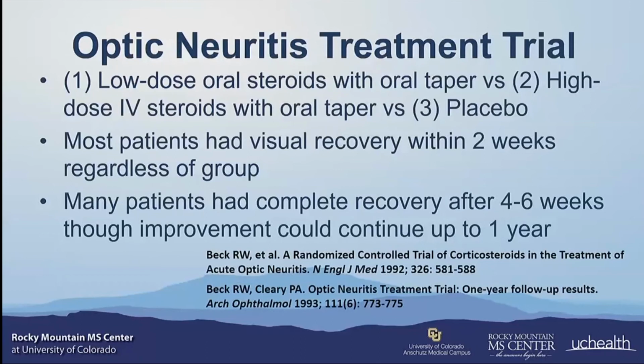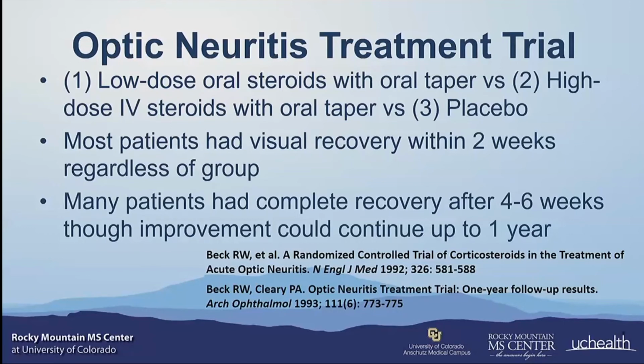The optic neuritis treatment trial was one of our earlier pivotal trials that really established how we treat these types of attacks or exacerbations. This wasn't specifically limited to people with MS, but some people did end up getting MS. It was looking at optic neuritis and divided participants into 3 groups, either receiving a lower dose oral steroid followed by a taper, or high dose IV steroids followed by a taper, or placebo.